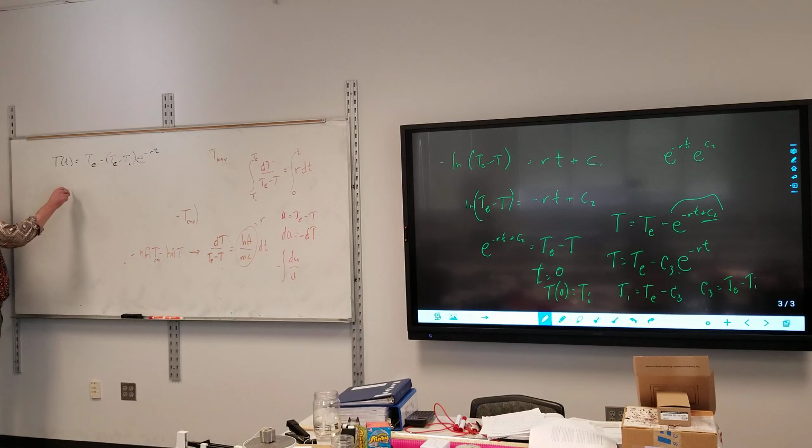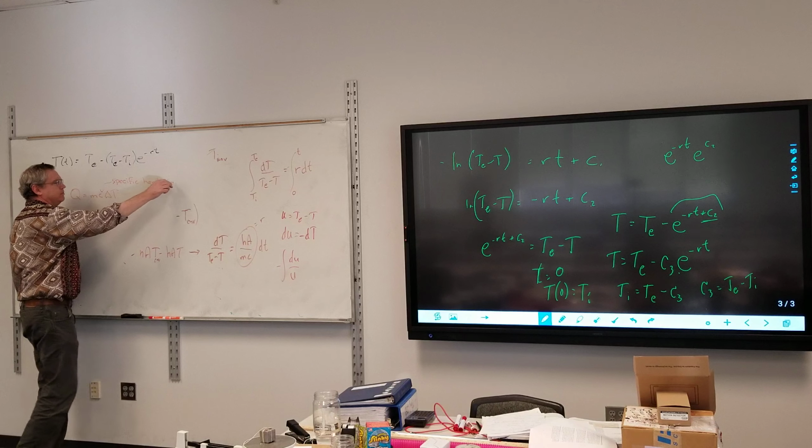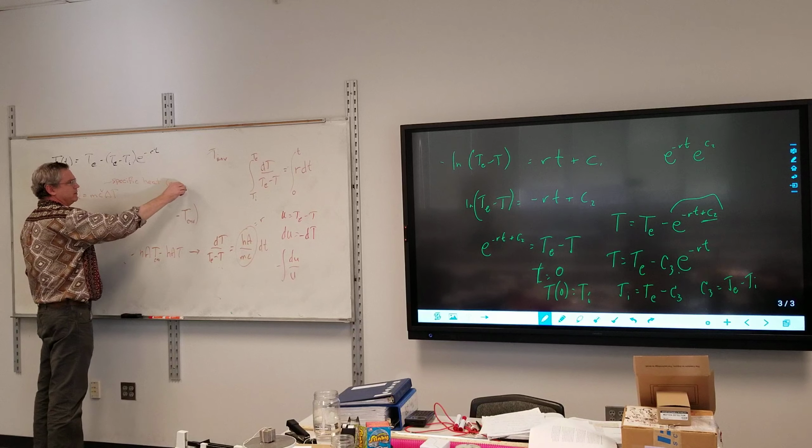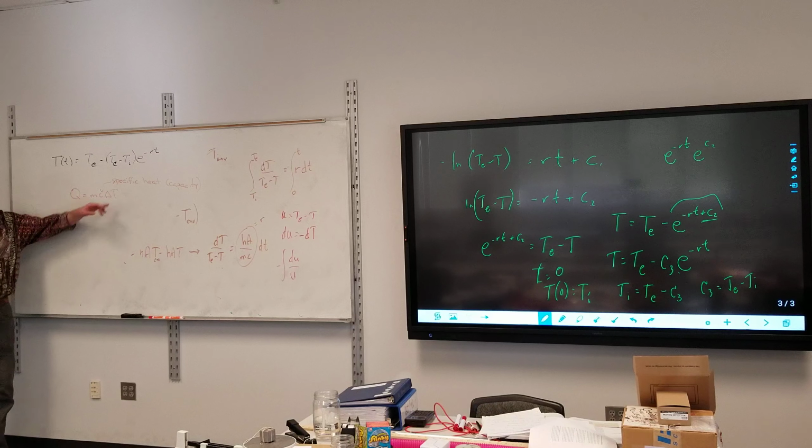Well, first off, if it's dealing with a change in temperature, we have Q is equal to mc delta T. And I also want to point out some vocabulary here. This is known as the specific heat, and you can also call it specific heat capacity. In thermodynamics, if you see the word specific, that means you're going to have to multiply by something.